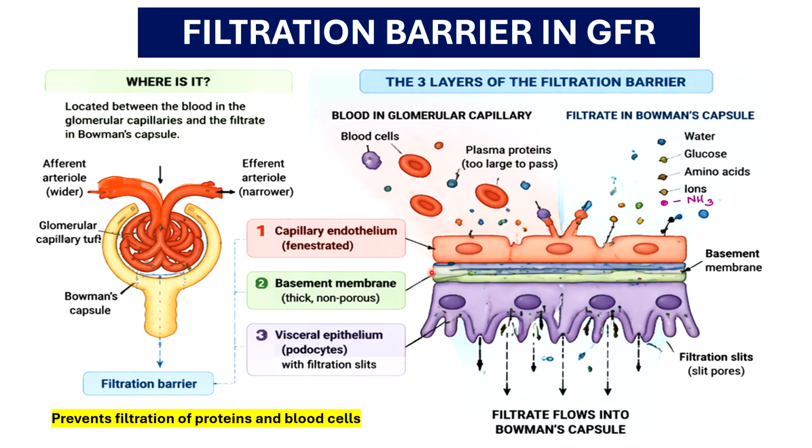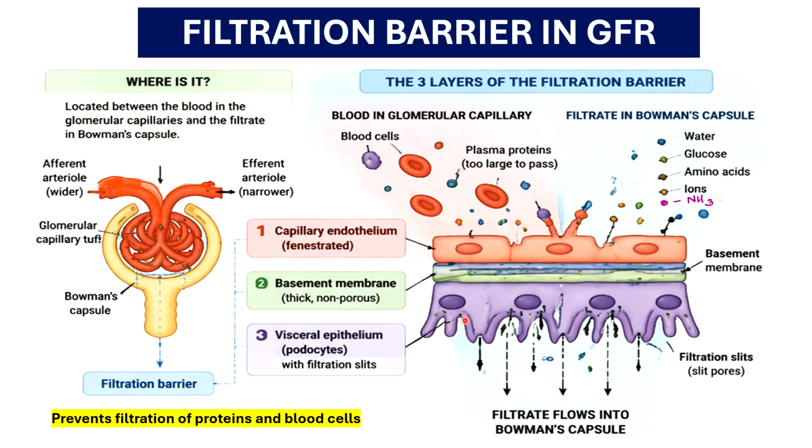The second layer is the basement membrane, that is thick and non-porous, and the third layer is the visceral epithelium of the inner layer of the Bowman's capsule. Interesting point is this visceral epithelium is made up of podocytes, which are projections, and these act as the filtration slits or slit pores.